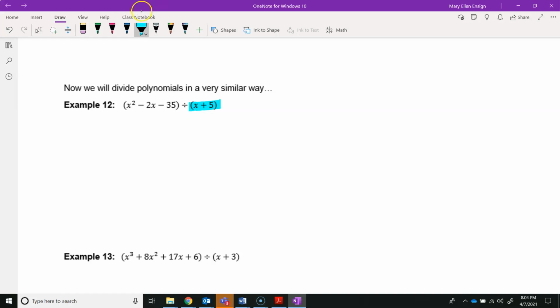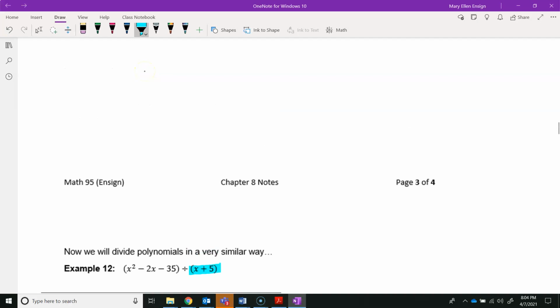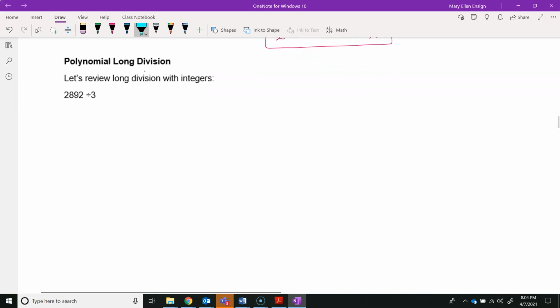In that case, I cannot divide like that, and we have to do long division with polynomials. Okay, so that's sort of our second category, right? So either we're dividing by a monomial, and we can do it that easy way where we write them as fractions, or if we're dividing by something with more than one term, we're going to look at using long division.